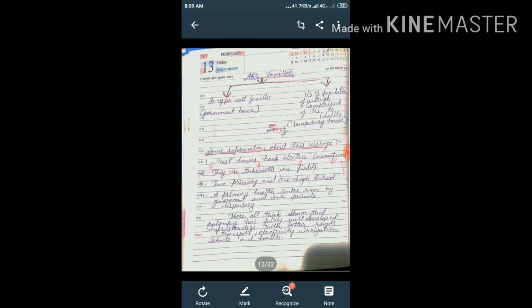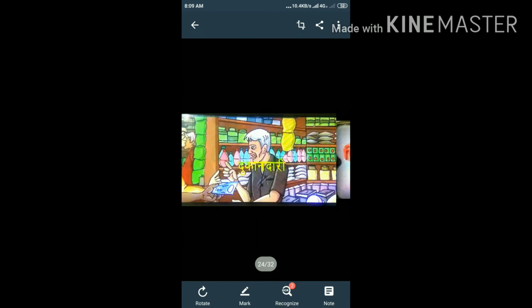Students, in this way we saw the basic information about this village, and the requirement of resources for doing all types of activities. You can see in this picture Sahapur, Raiganj and Palampur, how they are connected and what their basic facilities are. All these things are here.